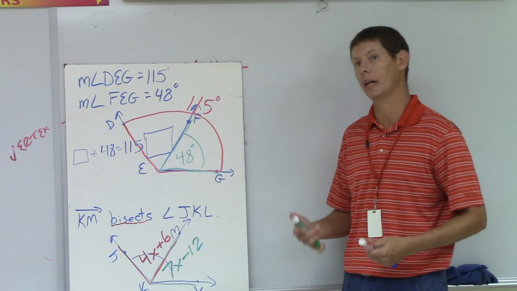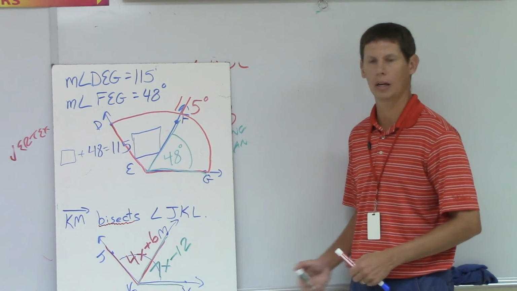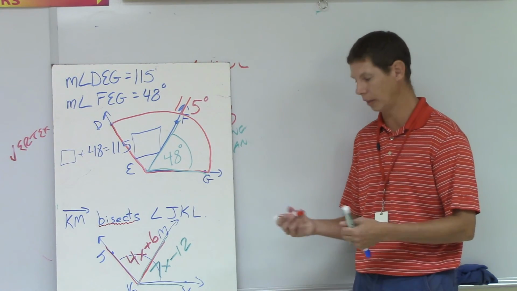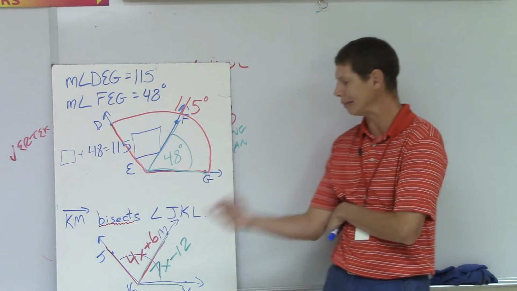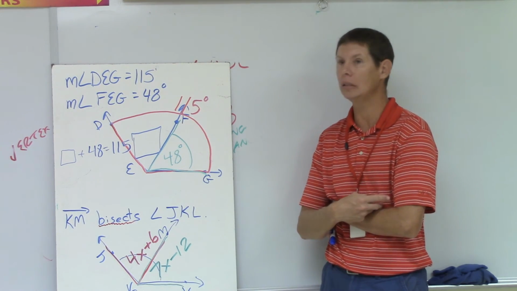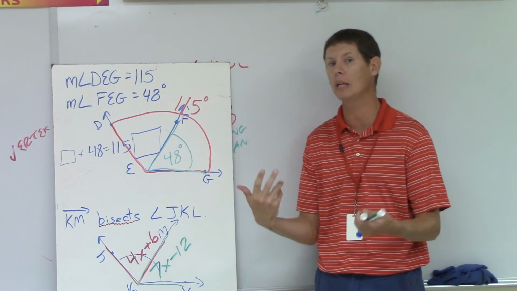Having a picture, again, worth 1,000 words, knowing what bisect means. What that allows us to do is we can now look at those angles, and when they ask us to find the value of x, you got to think, well, what do we know about these two angles? Oh, bisect means congruent or equal.